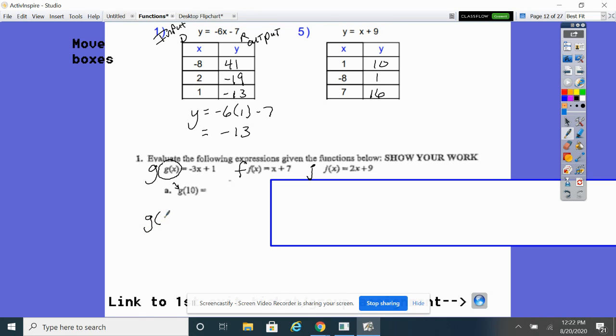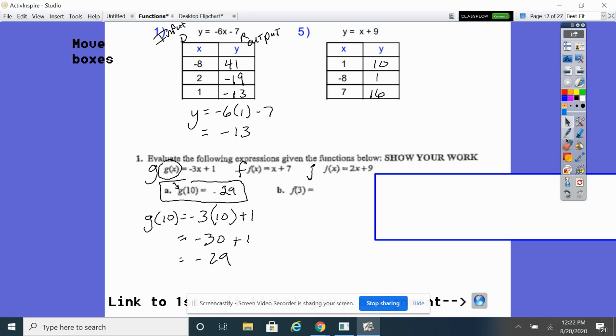The idea is they just put a 10 in place of the x. And again, right here, I'll put another 10 in place of the x, plus 1. It's the same idea as what was up top. So given g of 10, that would equal negative 30 plus 1, which is equal to negative 29. So the answer to this is negative 29.